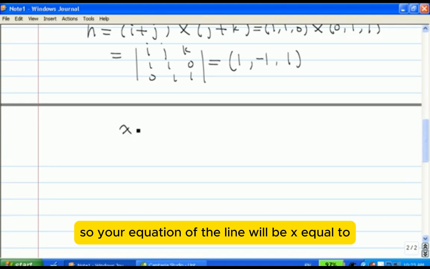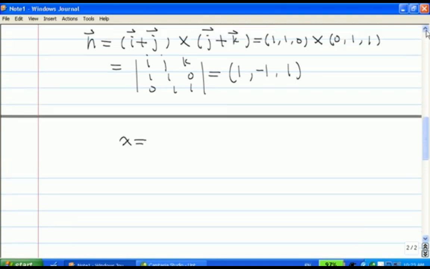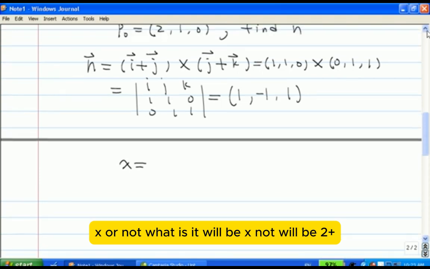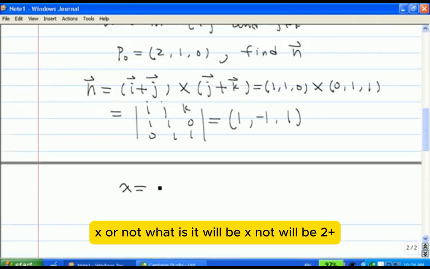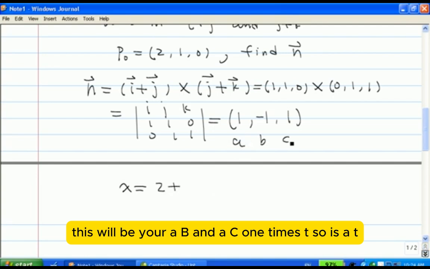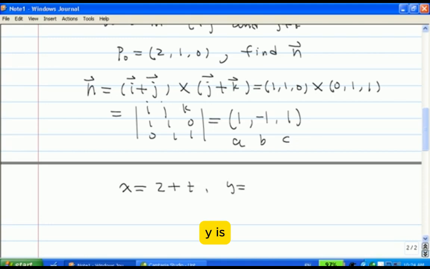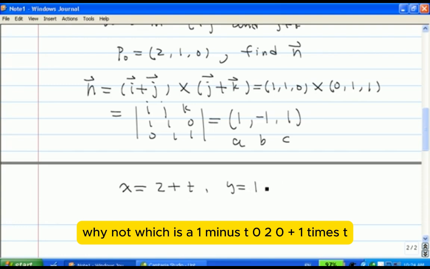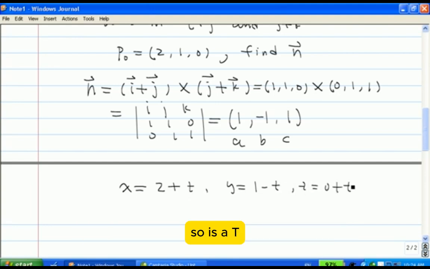So your equation of the line will be x equal to x naught, which is 2, plus, this will be your a, b, and c, 1 times t, so it's t. y is y naught, which is 1, minus t. z equals 0 plus 1 times t, so it's t.